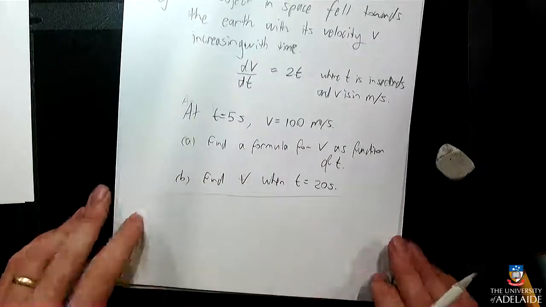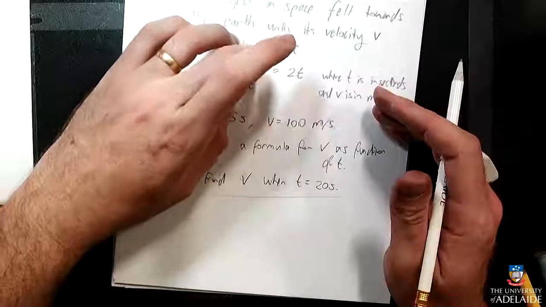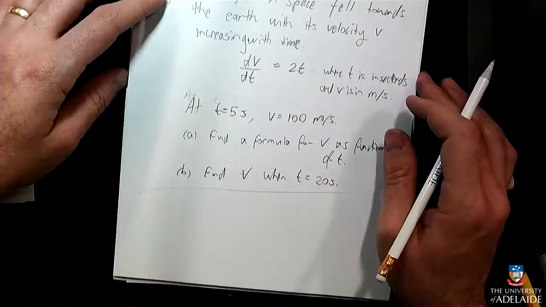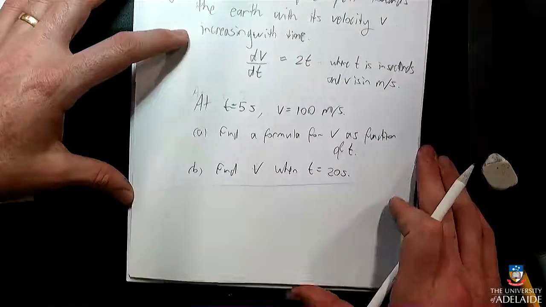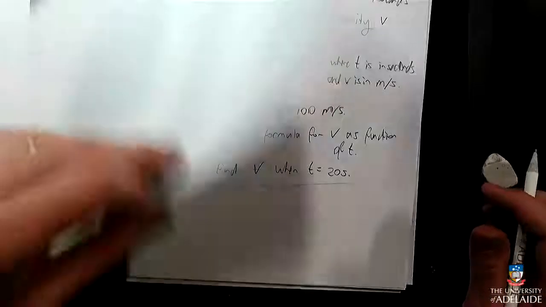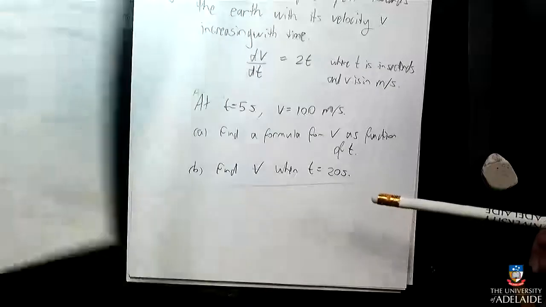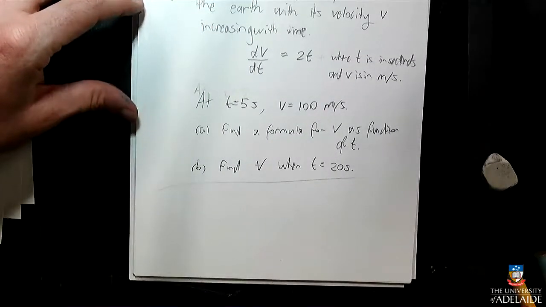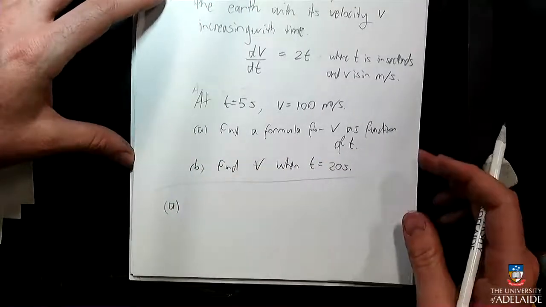So let's see. We have a function whose velocity is changing, and not even that, its rate of change of velocity is changing. It's different for different times. So we could do the integral, because we know that an integral is able to figure out a change in the function from its derivative.